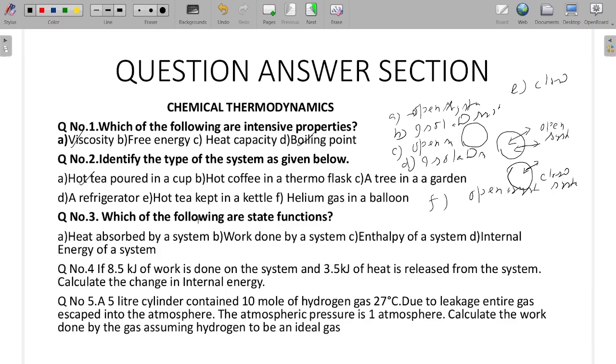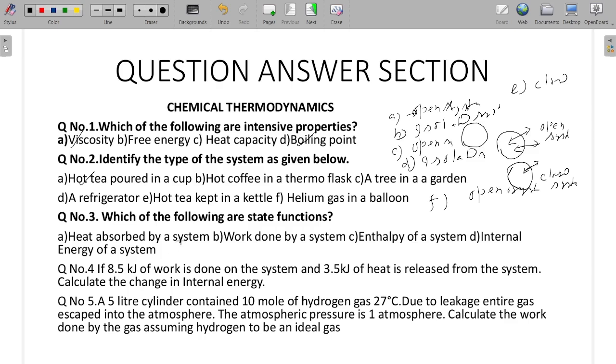Similarly, you take up question number 3. Which of the following are the state functions? Heat absorbed by the system, work done by the system, enthalpy of the system, internal energy of the system. Now, what are the state functions? The state functions are functions whose value depends upon the initial state and final state only, not upon the path followed.